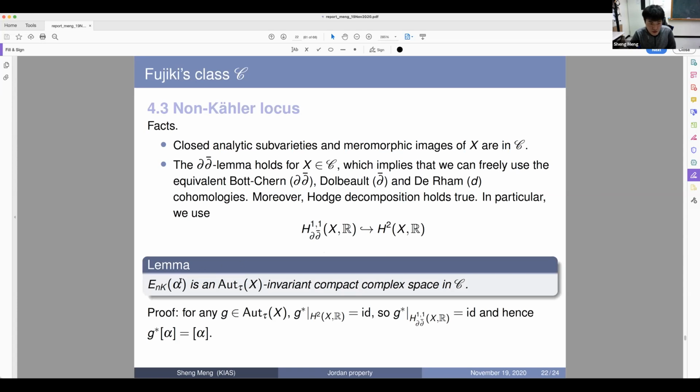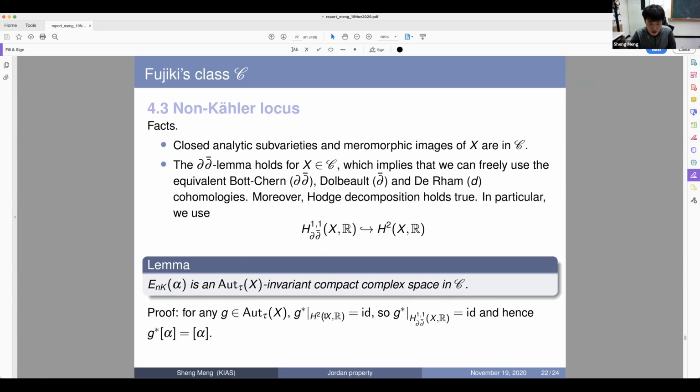So let us summarize this part, which says that the non-Kähler locus of a big class may not be Aut invariant, but is Aut_τ invariant, a compact complex space in Fujiki class. It can be singular, of course. The proof is simple. You consider any g in Aut_τ and the g pullback action.